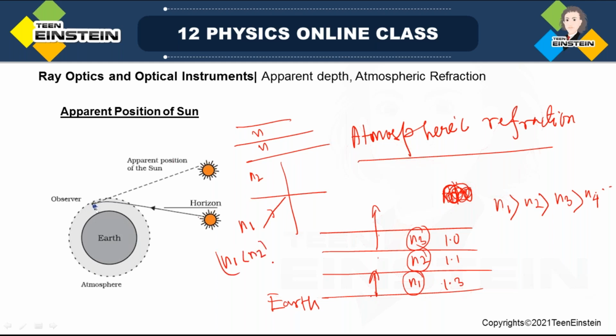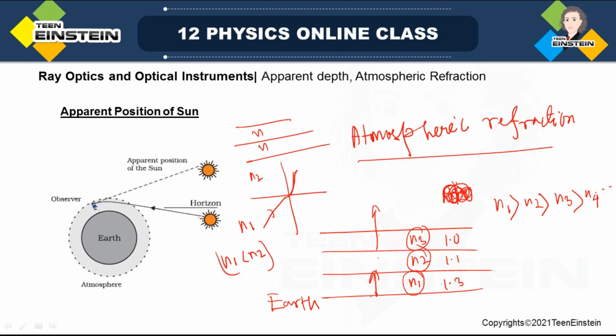That means for the light of the sun, the refractive index of the higher altitude air layer will be lesser than the lower altitude. So in that case, the refracted ray will always bend towards the normal.